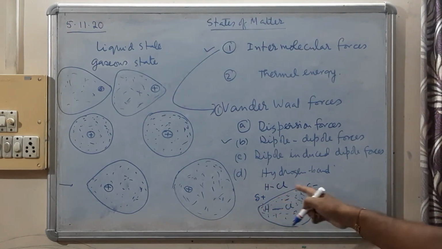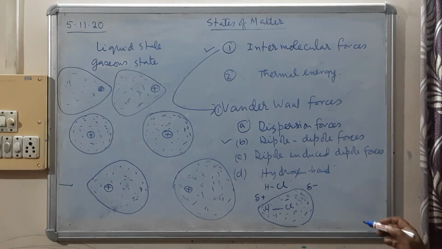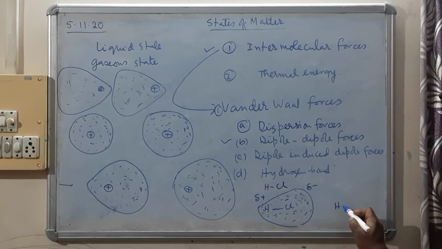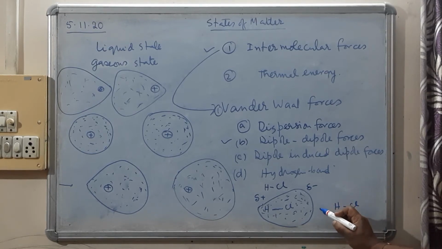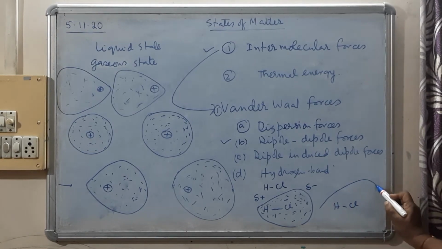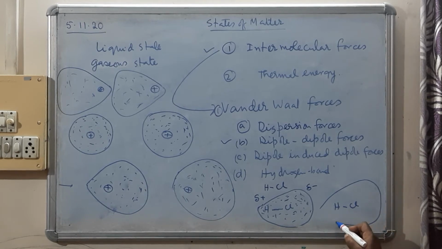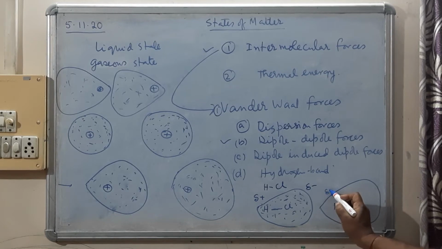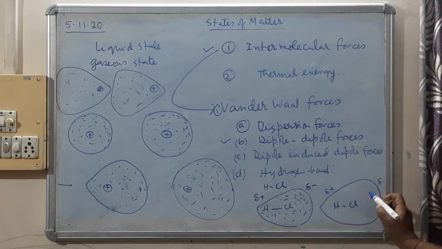So this is a molecule of HCl, and another molecule of HCl will also be like this. Delta plus here, delta minus here.